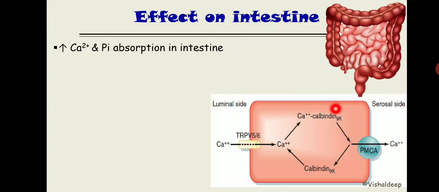So by binding the ionized calcium, it will decrease the total amount of free calcium inside the cell. So once the calcium enters the cell, it binds with calbindin, and this complex will deliver the calcium at the basolateral side to the calcium pump, and this calcium pump is the ATPase pump. Ultimately calcium will be released into the circulation and enter the blood, and calbindin will return to transport new calcium, and this cycle will go on and on.